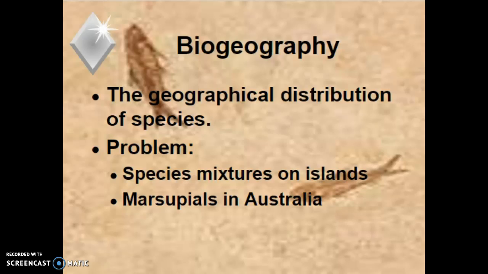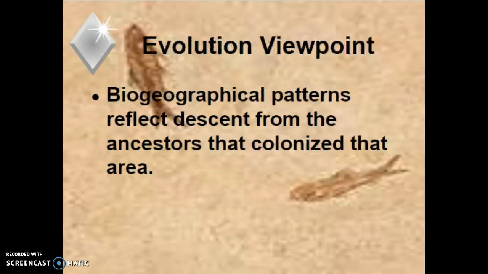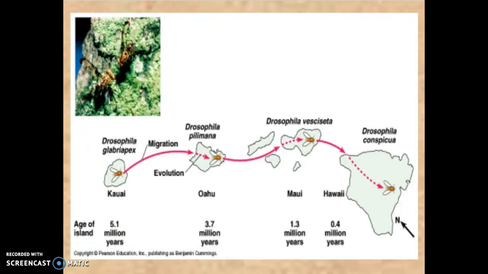Darwin also noticed similar species in different ecosystems that were similar. So an African rainforest looks similar to a South American rainforest. They have the same types of organisms, same types of climate features, and those types of things. So they reflect descent from ancestors that colonized that area.